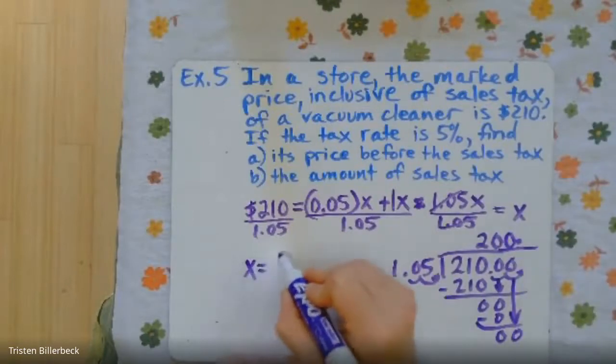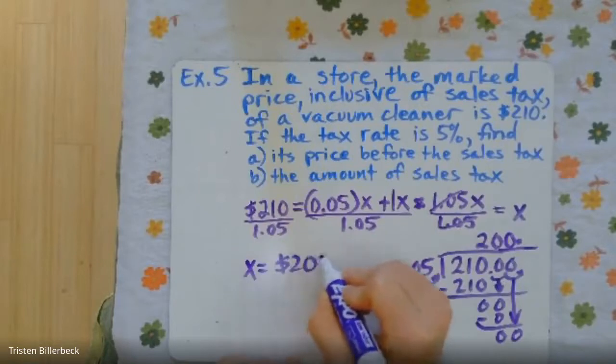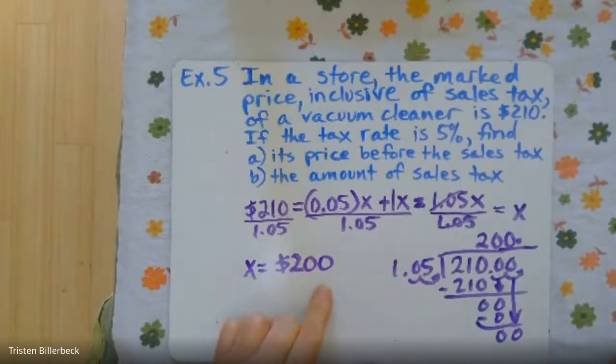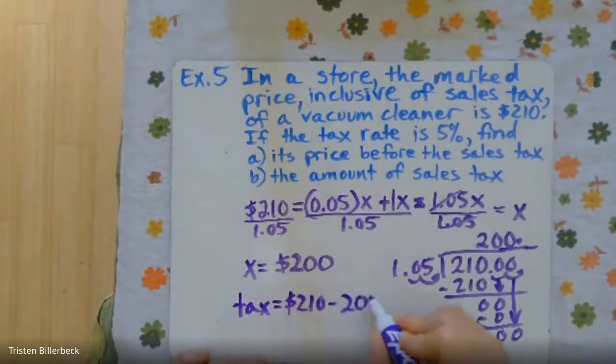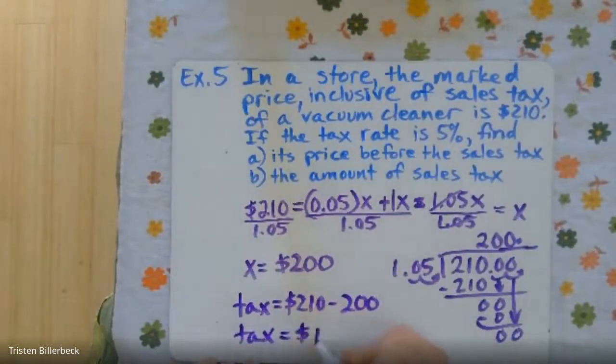So x equals $200. So that's what it was before the tax. So the amount of tax, then if you subtract, that'd be $210 minus $200. So the tax was just $10.